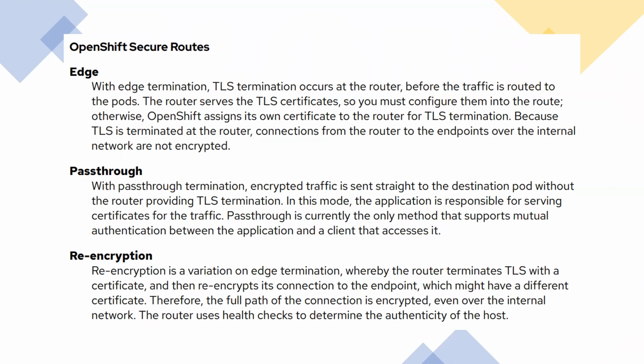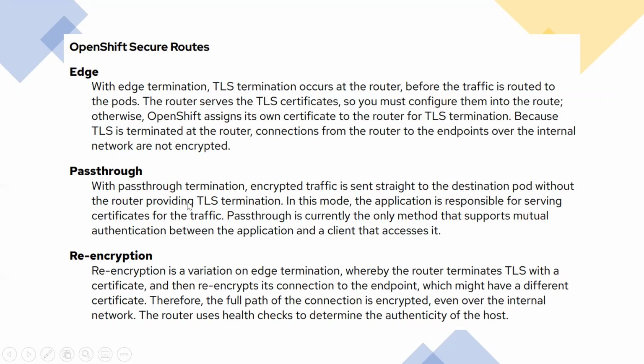In the edge route, the TLS connection is terminated at the route itself, and it will not go to the container of your application. It means the connection has SSL and TLS between the client and the edge route, but it is not safe between the route and your application container.